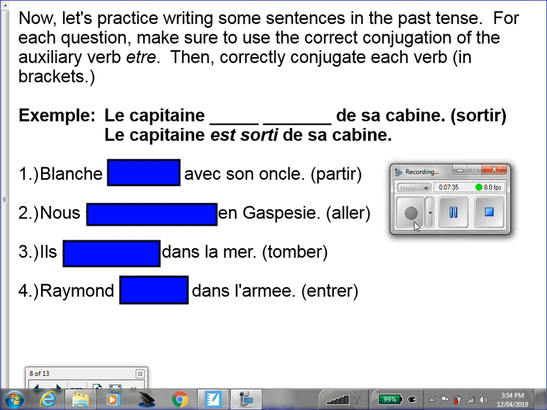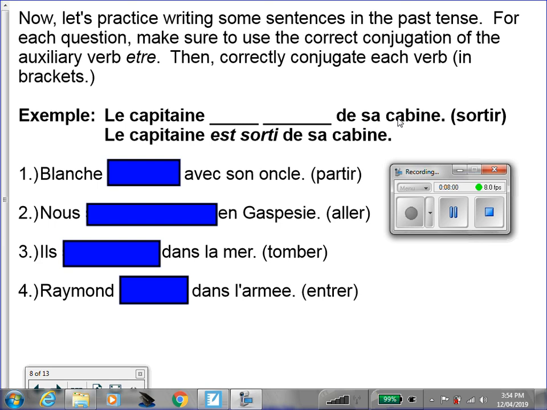All right. What we need to do with these sentences on the next couple of slides is correctly conjugate the auxiliary verb être for the first blank, and then correctly conjugate the verb that's in brackets. So take a look here. Le capitaine, double blank, de sa cabine.